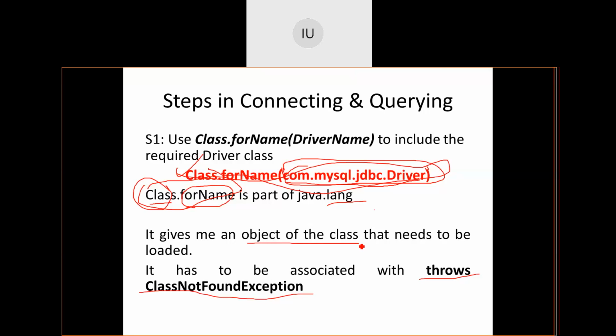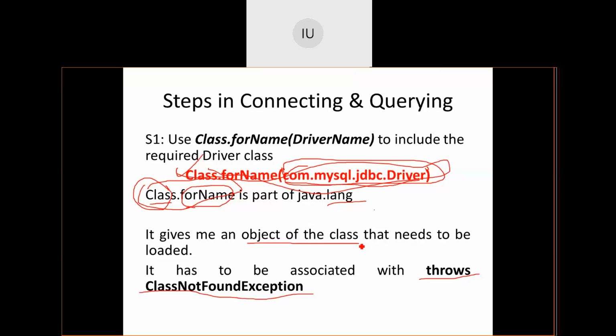So how do you load the driver that you want? You load it using Class.forName. Class.forName returns an object, and that object I'm using to have the DriverManager called. I hope my first step is clear.